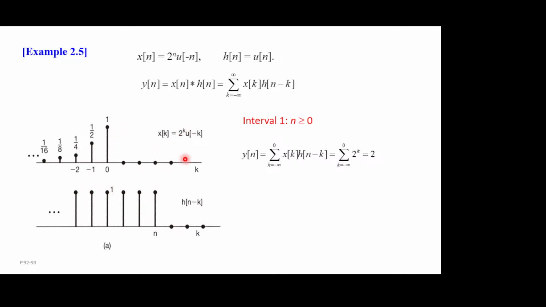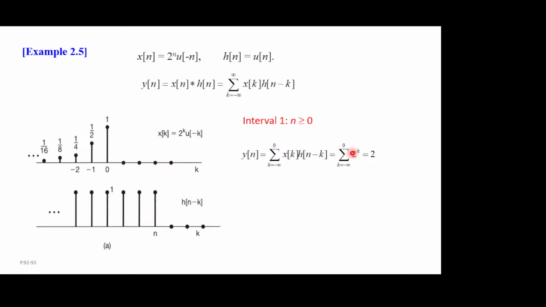So when you multiply this with x of k, you see that it's just x of k, because h of n minus k is 1 everywhere where x of k has value. So this is the summation of a geometric series, and it's a very easy one. It gives you 2.